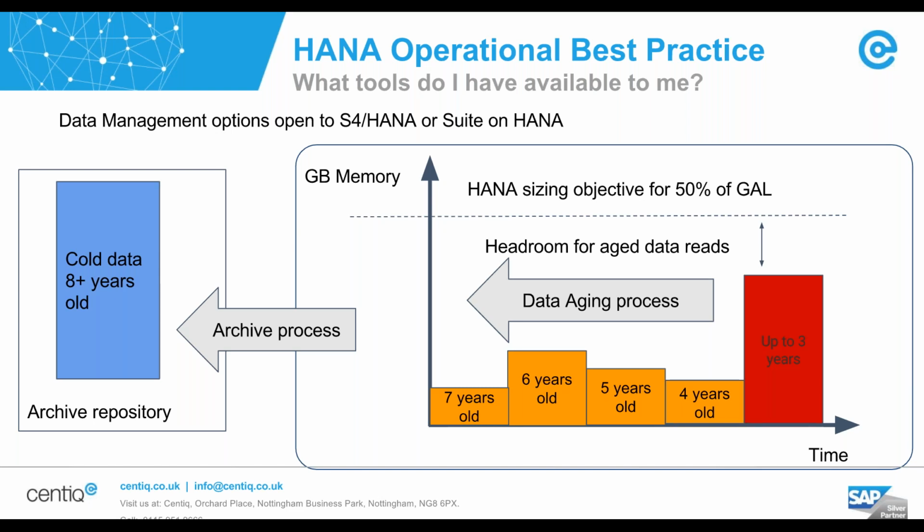But now with S4 HANA, and to a degree with Suite, but not in as much coverage, you've got the data aging process, which is using the partitioning methods that Steve introduced in an earlier slide to move data to partitions that are allowed to age and are less likely to be in memory. So there'll be lower priority tables, but it can still be read within HANA, but less likely to be in memory.